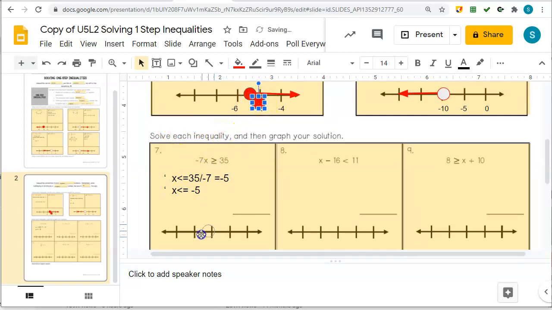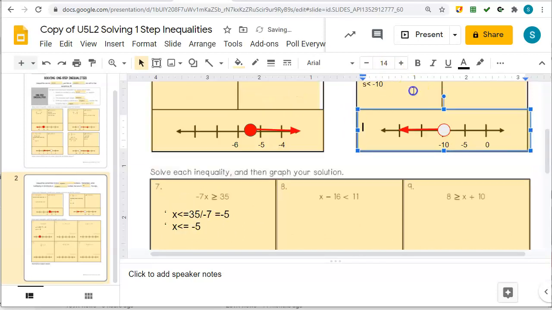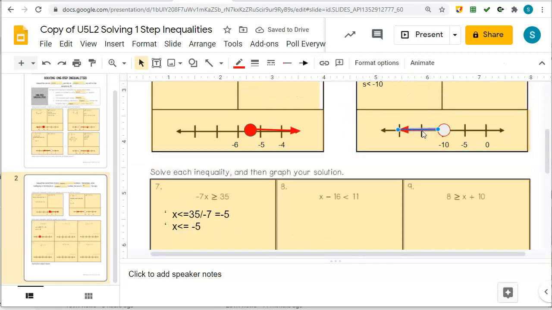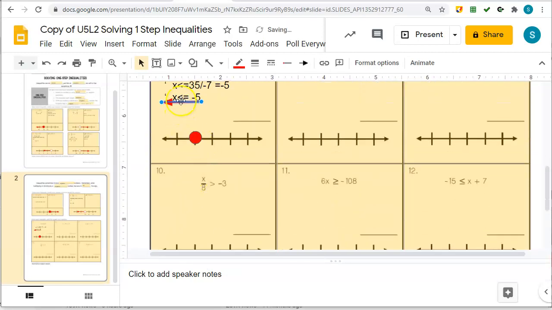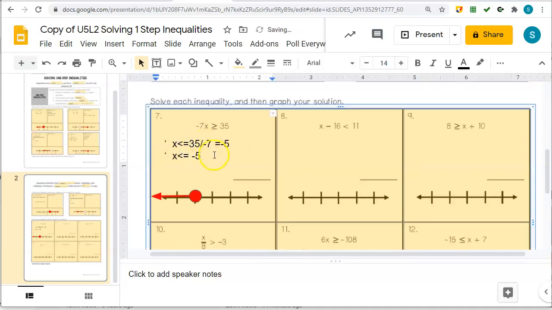So we're going to put a dot on, we'll say this one is negative 5, and we want the values less than. So we're going to put an arrow to the left. So this could be negative 6. Sorry, negative 6. Negative 5. Negative 4.